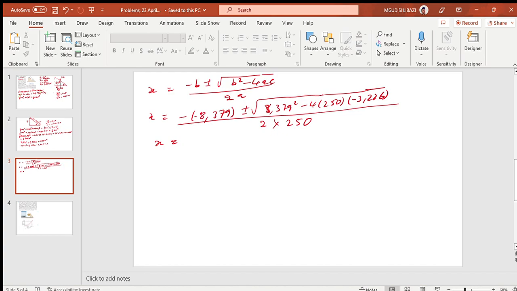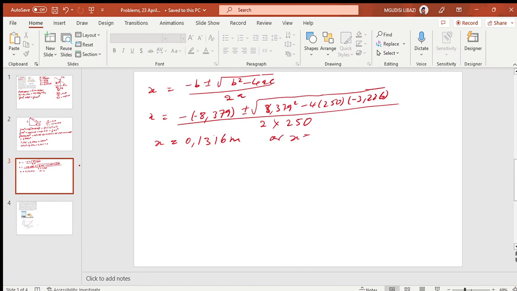So now we have x equal to 8.379 plus the square root of 8.379 squared minus 4 times 250 multiplied by negative 3.226, all over 2 times 250, and then I get 0.1316 meters.